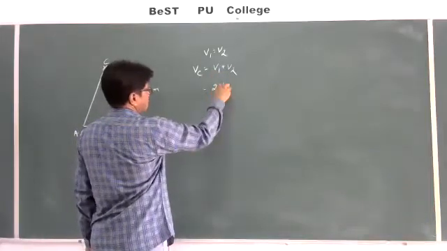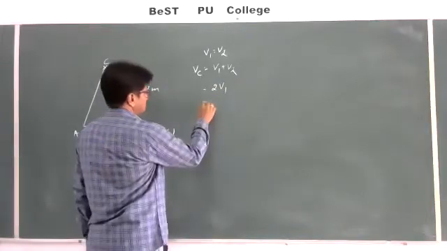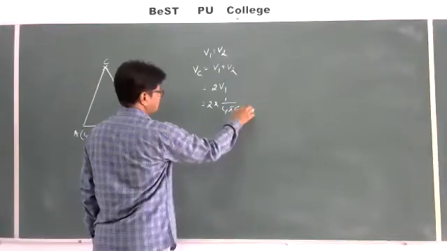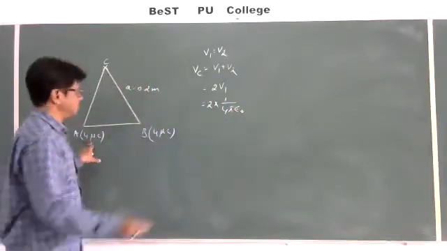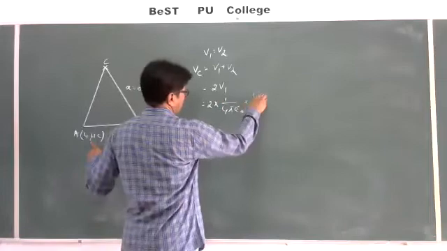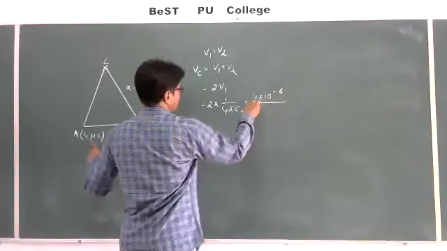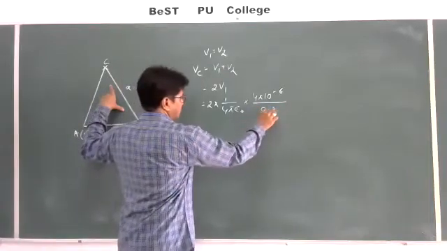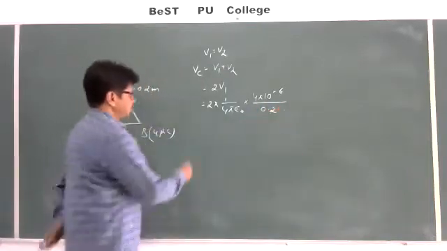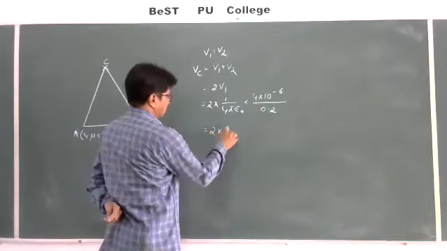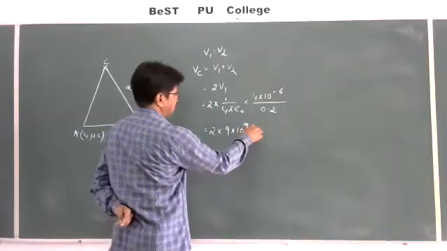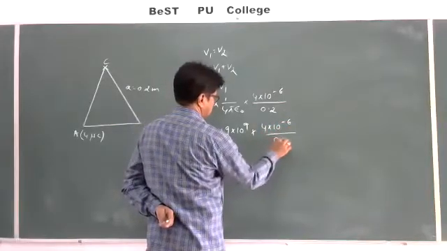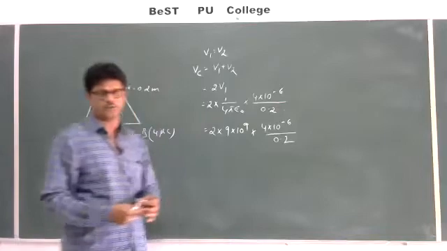So we are going to have 2V1, which is equal to 2 into 1 by 4 pi epsilon naught Q. Q is nothing but 4 microcoulomb divided by R. R is nothing but here 0.2, which is equal to 2 into 9 into 10 to the power of 9, 4 into 10 to the power of minus 6 divided by 0.2.